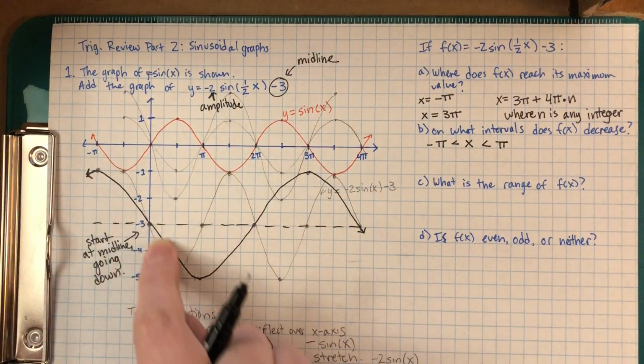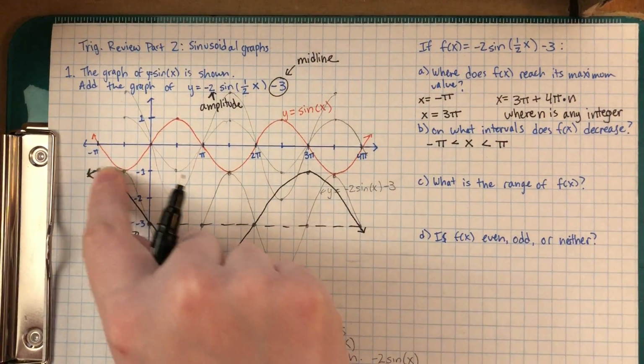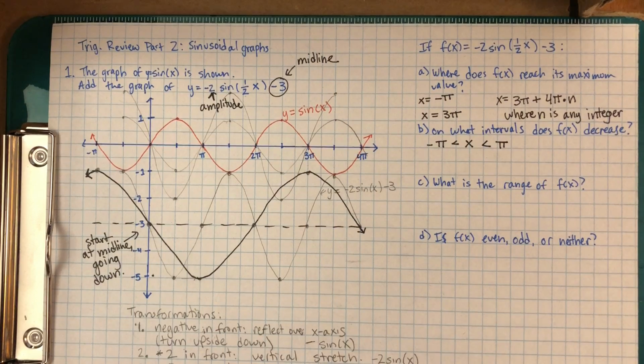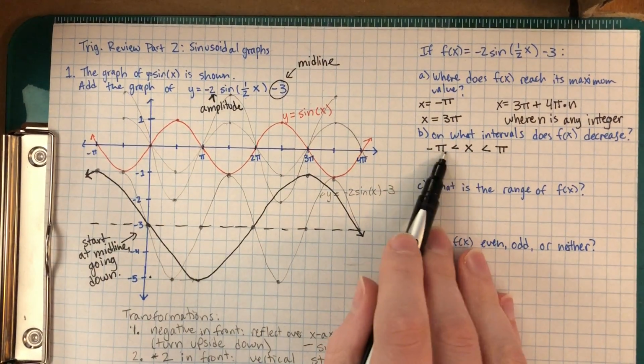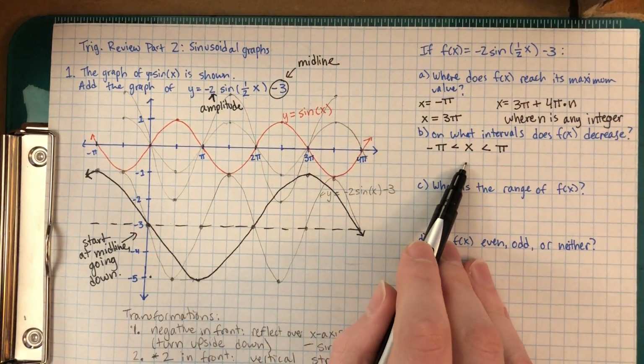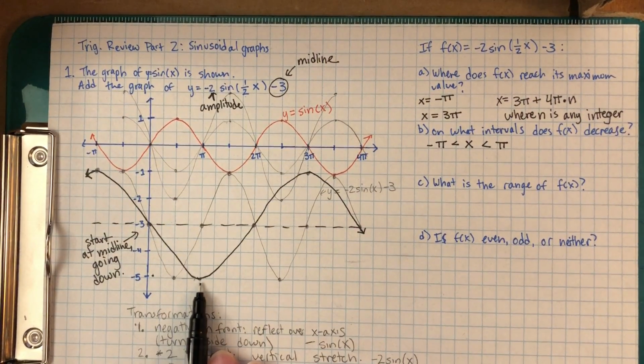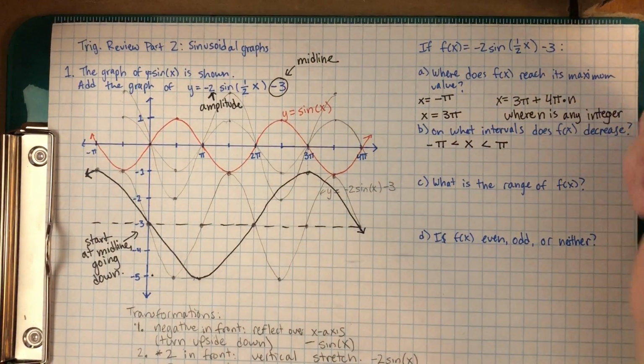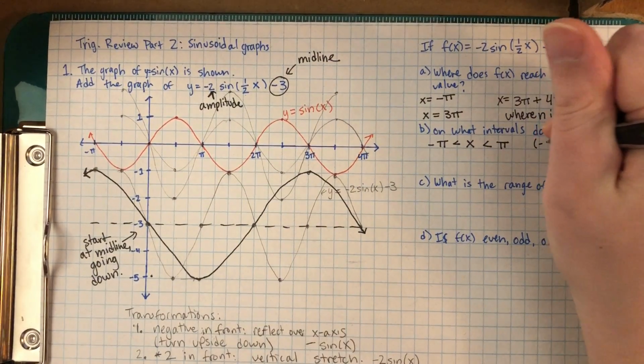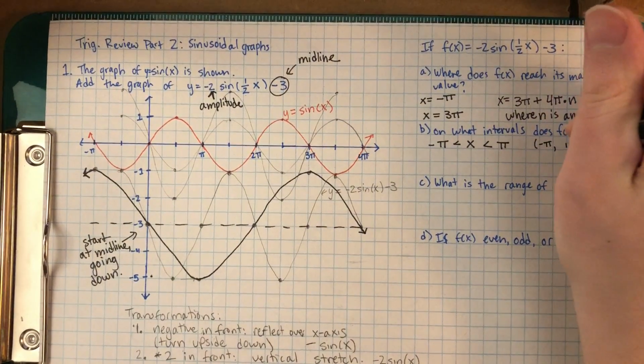From this x value to this x value, my function is decreasing. And notice these are not less than or equal to's, they're just less thans, because I couldn't say that the function is decreasing at this point. It's turning around there instead. Or in interval notation, I could write this as negative pi, pi.